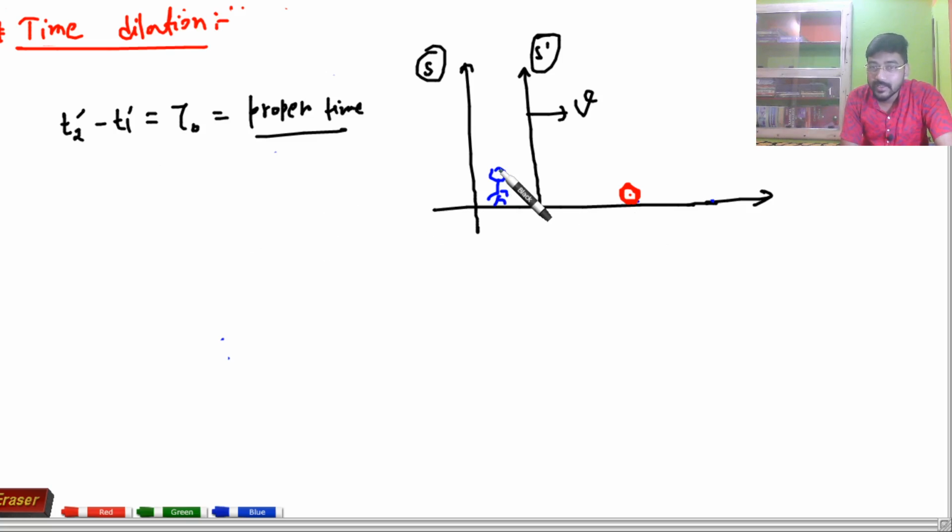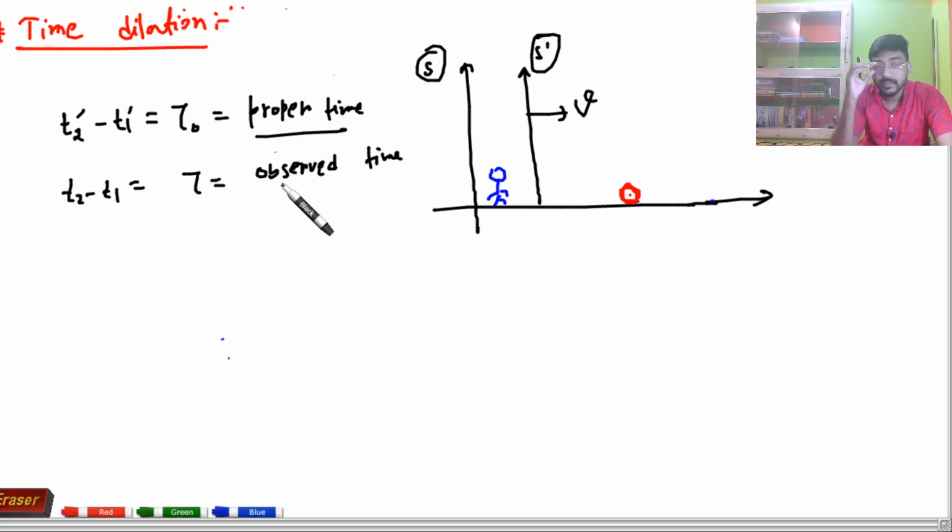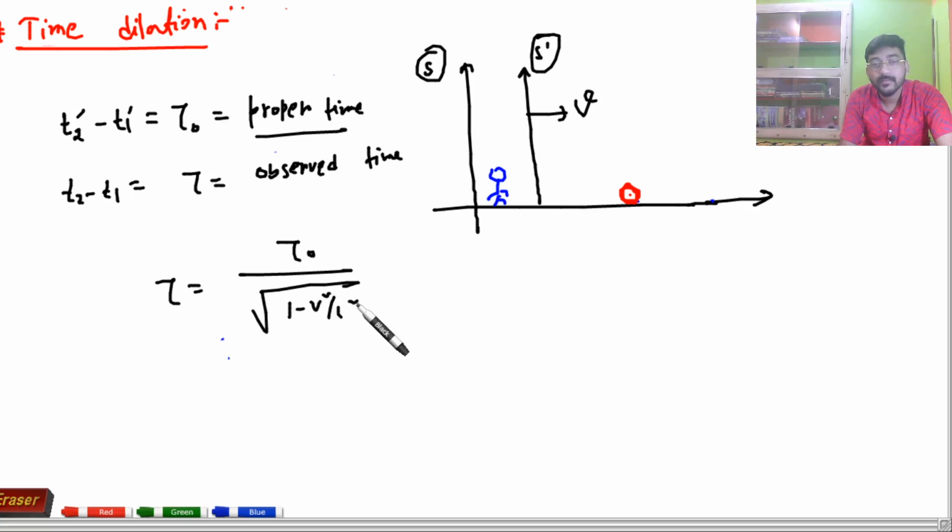And if there is an observer in the S frame who observes the phenomenon and measures the time interval, that is T2 minus T1, that will be tau, the observed time. Here it can be seen that the observed time tau will be greater than tau naught. These are related like this: tau is equal to tau naught upon root 1 minus v square upon c square.